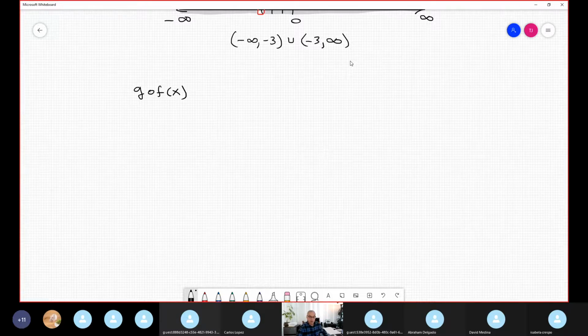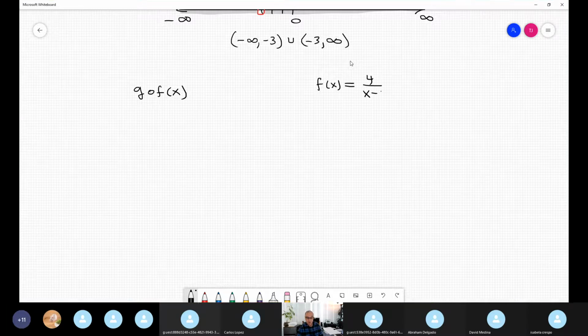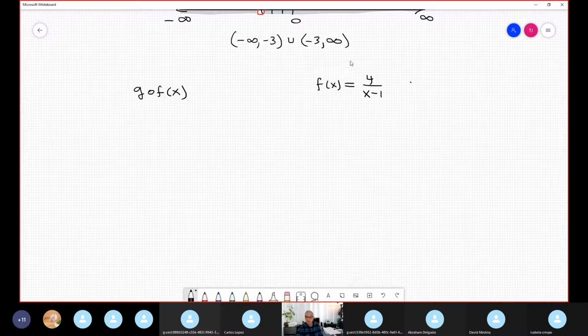Okay, just in case to see much better, I want to copy again F and G. These are the original functions given. However, I want to combine them in a different order. That means F is this.